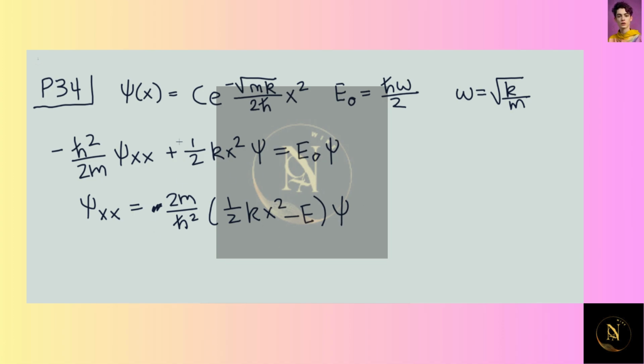Obviously we're going to have to take a couple of spatial derivatives of this wave function, so let's start off with that. For the first derivative, because we're only dealing with an exponential, we will bring it down using the chain rule. Nothing too bad: root mk over h bar times x.